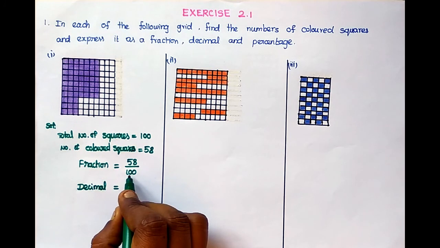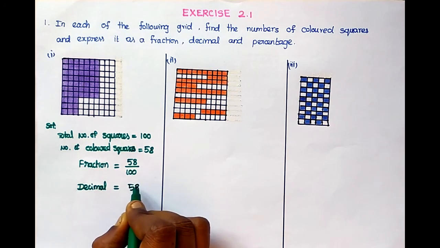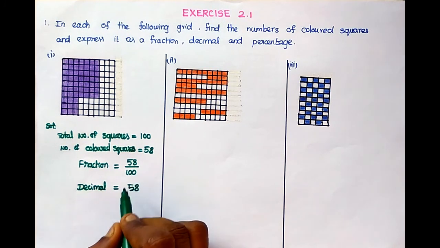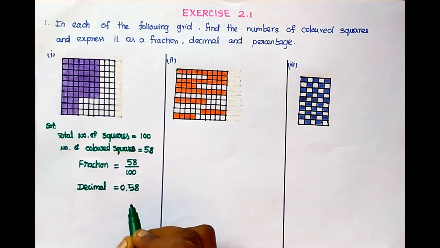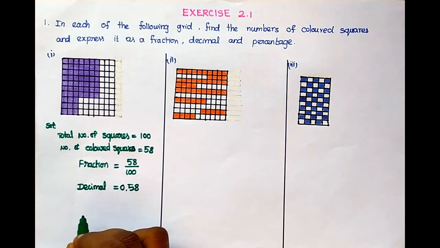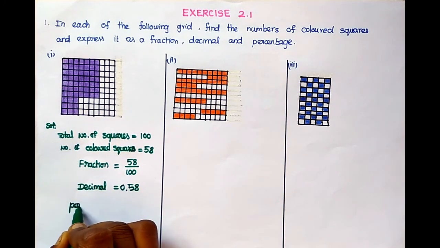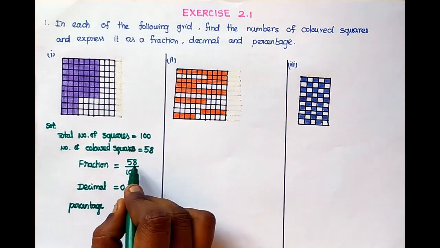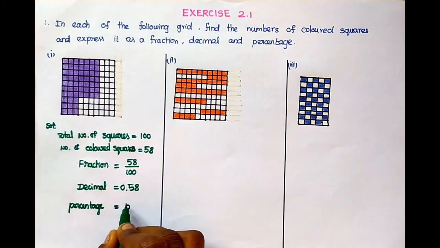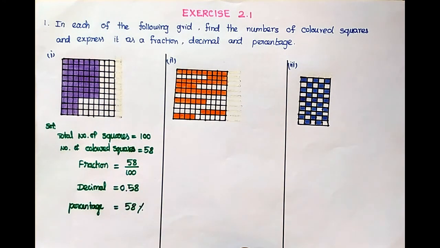So write the number 58. 2 digits before we keep the point because there are 2 zeros. So 0.58. Now percentage. 58 by 100 means 58 percent. That is the answer.